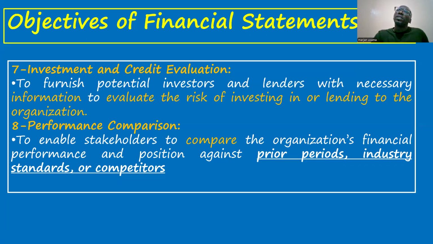For example, we are in 2025, so in 2024, our organization had what? The financial statements. So we can easily compare what happened last year versus what is happening today. You can even compare what has been happening for the past 5 or 6 years to what is happening now. And it can help us to make decisions that are progressive.